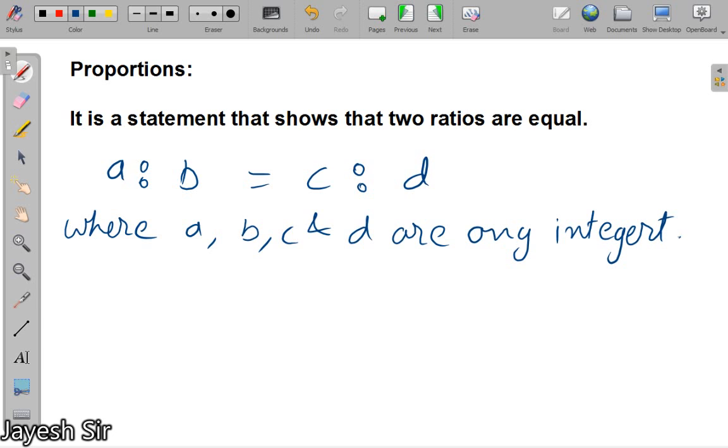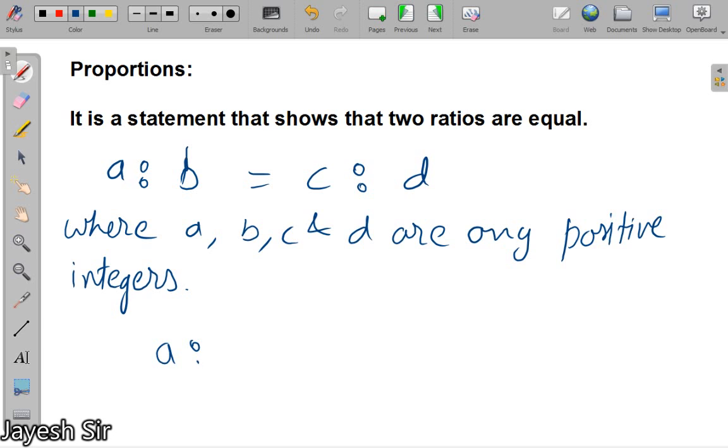These can be any integers, okay? But they are positive integers.